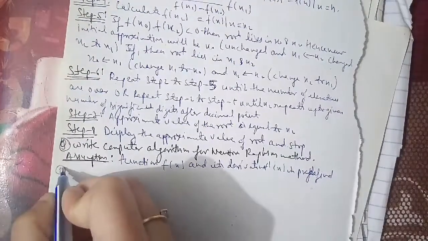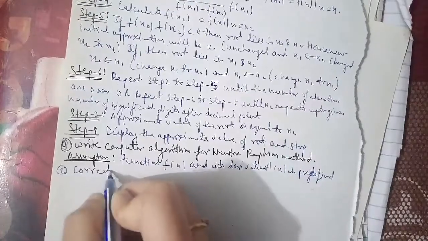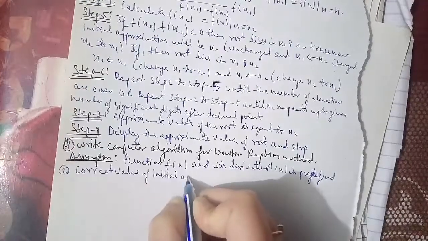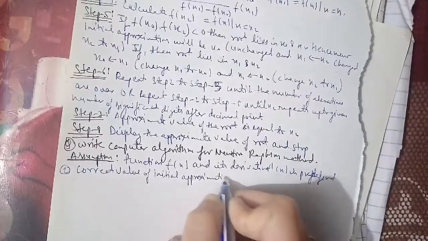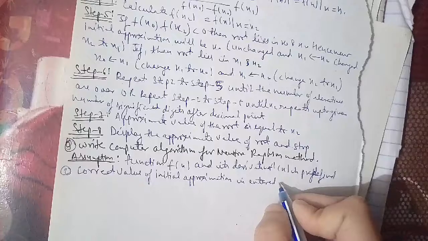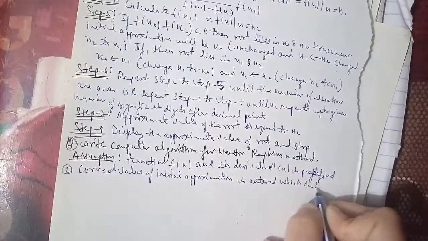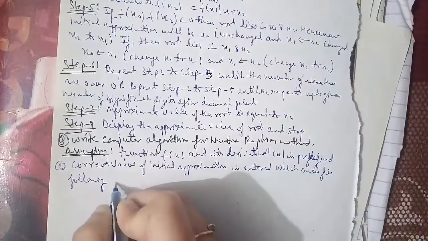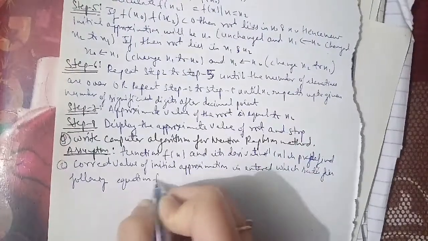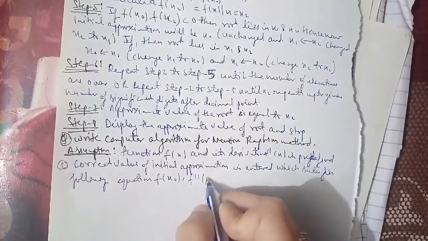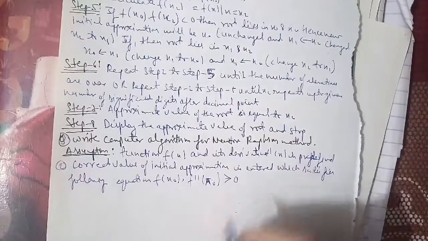The second is that the correct value of initial approximation is entered, which satisfies the following equation: f(x) is not 0, f double dash is not 0, and is greater than 0 here.